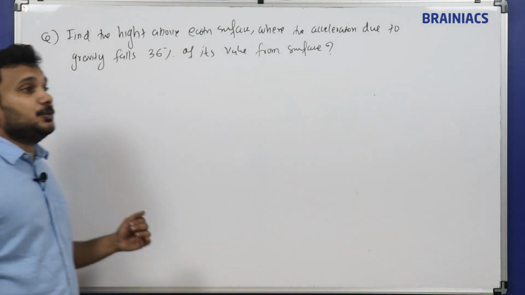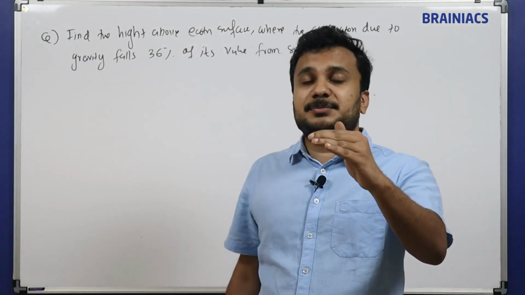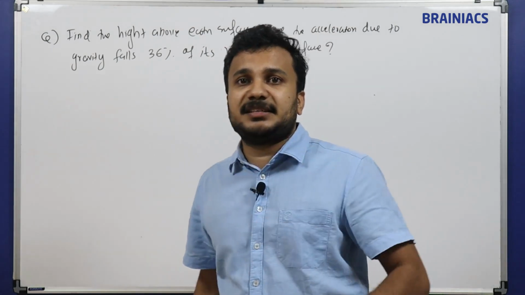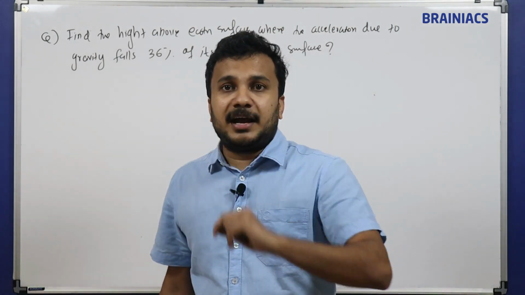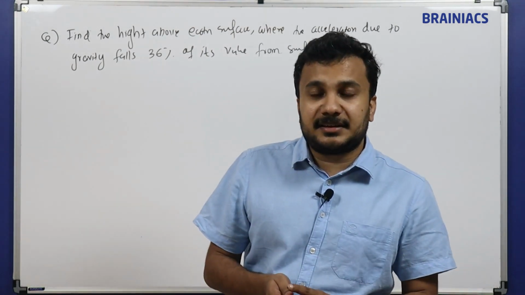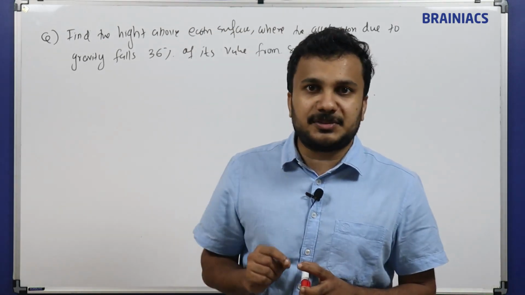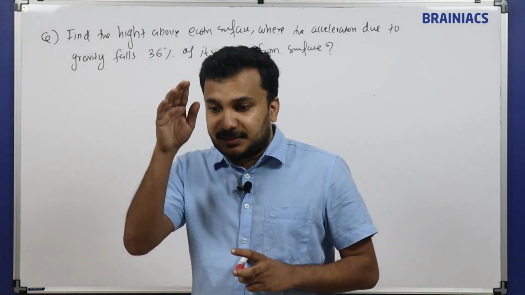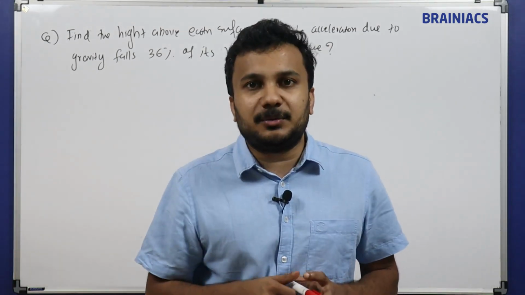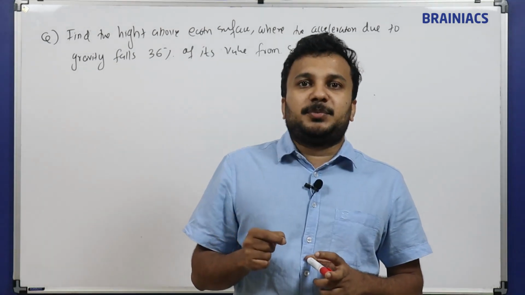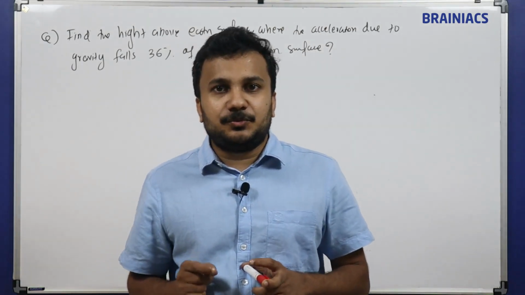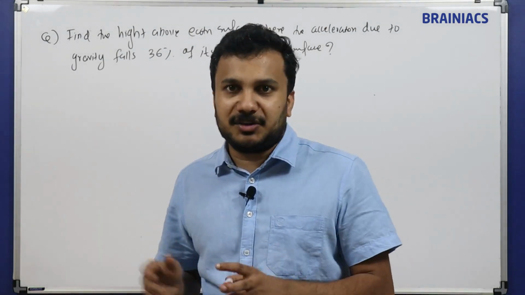36% value is reducing. Acceleration due to gravity reducing by 36% means what? 64. Suppose your value at the earth's surface, the gravitational field intensity, is 10 meter per second square. 36% reduced means what will be there? 64%, which means 64 divided by 100.